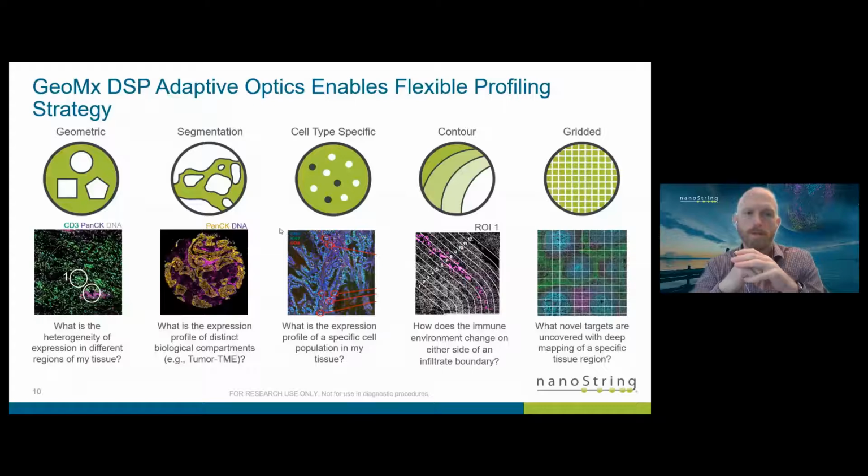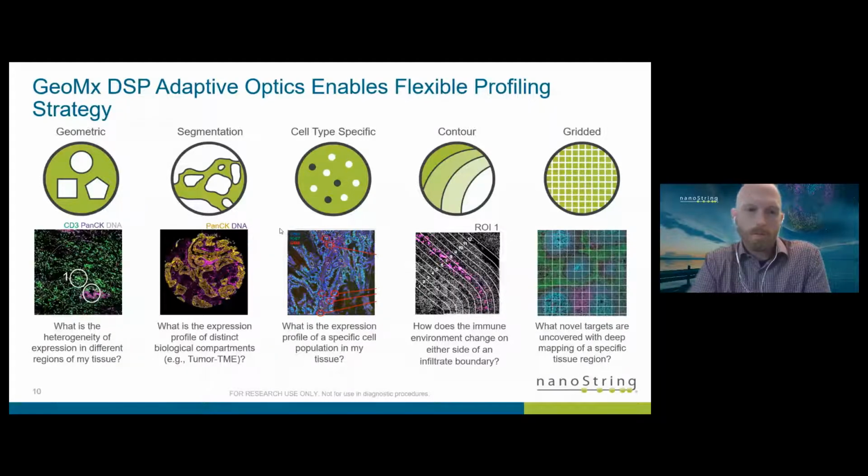So geometric, as I said, segmentations where you're looking at large compartments and different cell lineages. Cell type, it takes it a level deeper where you're looking at specific cells in a region of interest. So creating a nice bounding box and then selecting on, say, CD3 T cells or a particular neuronal cell type. Contouring, where you're looking at profiling between proximal and distal locations. And then a little more unbiased with a gridded approach.